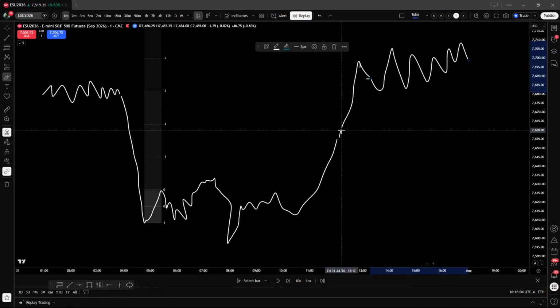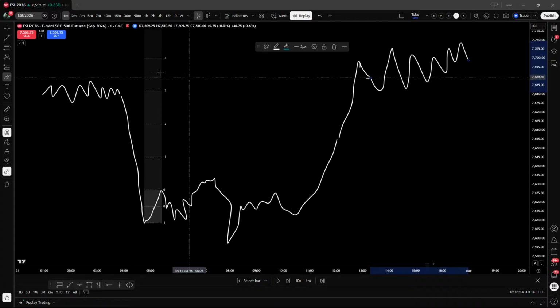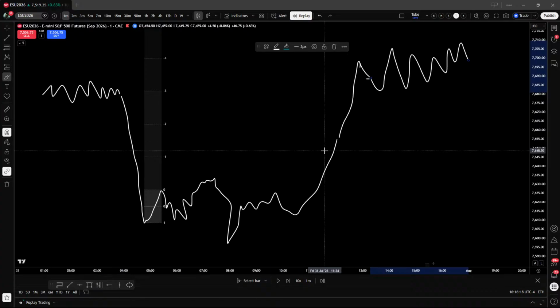But NQ didn't, so technically you could say it's not really a market maker buy model because it didn't go above here.